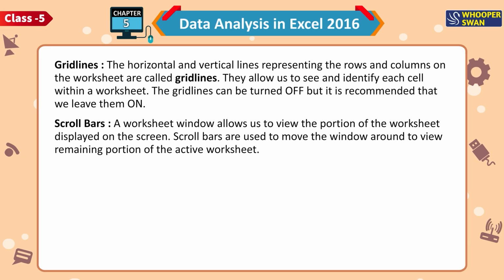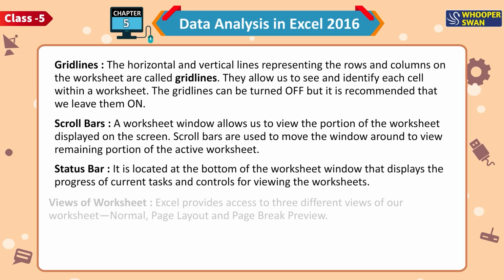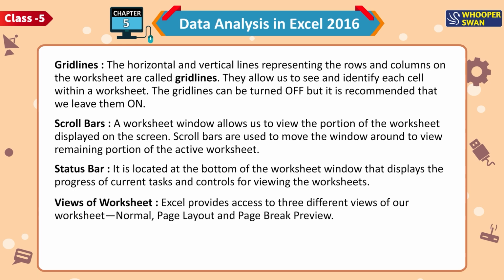Scroll bars are used to move the window around to view remaining portion of the active worksheet. Status bar. It is located at the bottom of the worksheet window that displays the progress of current tasks and controls for viewing the worksheets. Views of worksheet. Excel provides access to 3 different views of our worksheet: normal, page layout and page break preview.